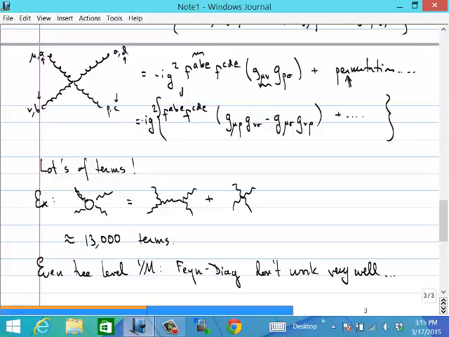And it actually turns out to be a very interesting subject of current research, whether there are more efficient ways of organizing tree-level Yang-Mills scattering amplitudes.